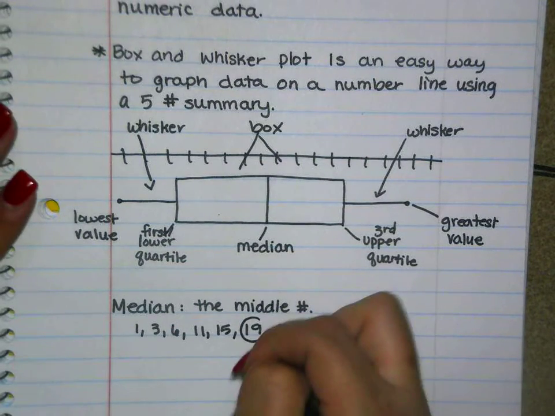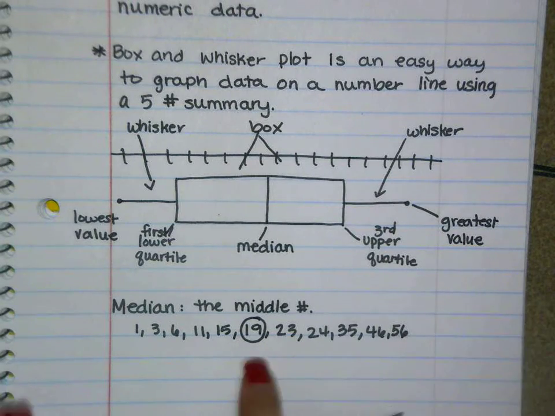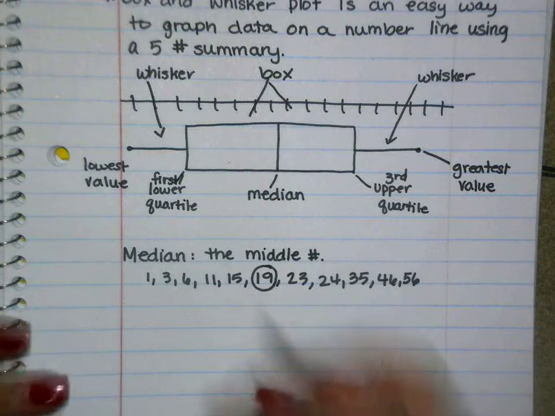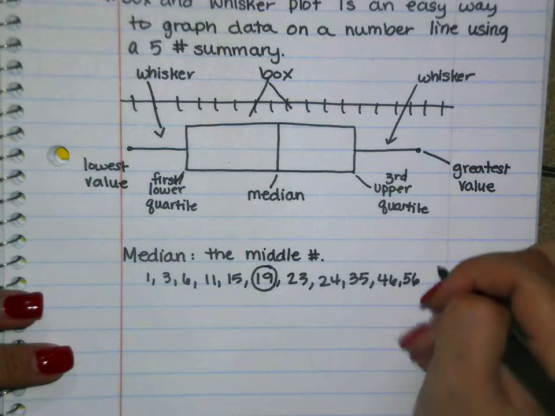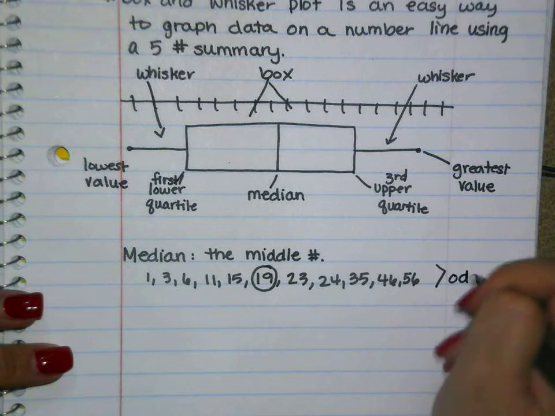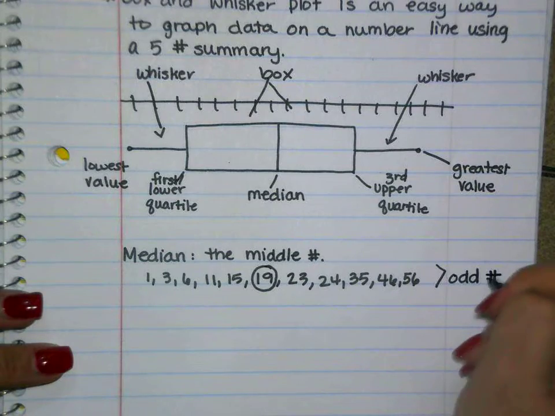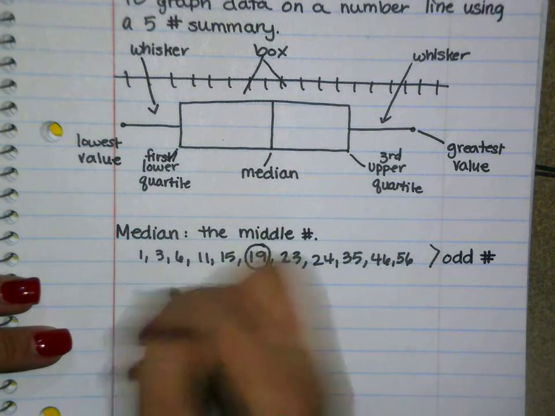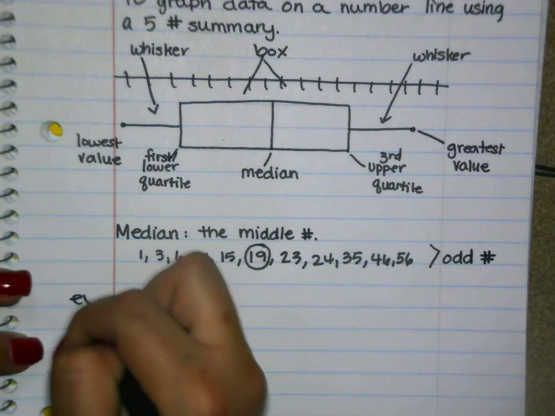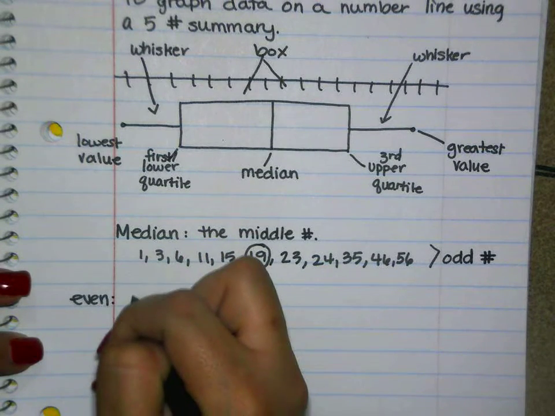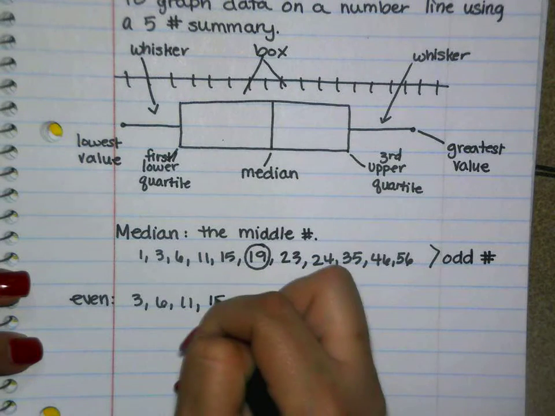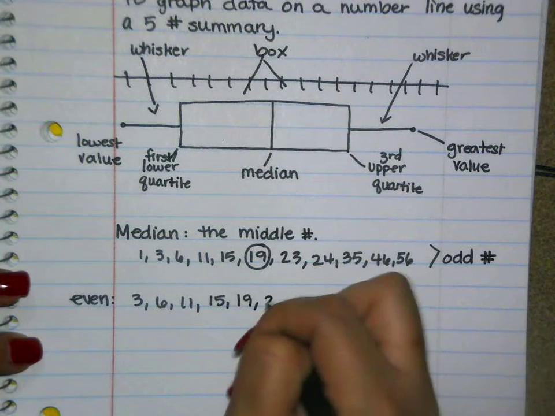This is when we have an odd number of data, right? But what if we have an even number? Then we're going to need to use something a little bit different. So here's what we do with an even number. If we have 3, 6, 11, 15, 19, 23, 24, and 35, we would find that this is an even number. So 1, 2, 3.